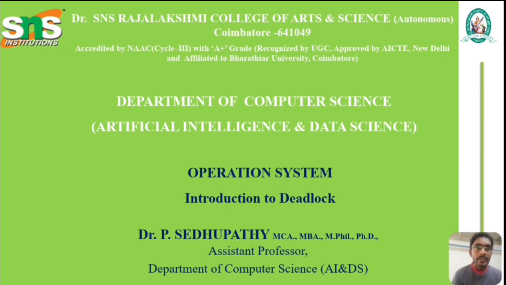So today we are going to discuss deadlocks in OS, which means we are going to discuss an introduction about deadlock, like what is deadlock and when it happens in an operating system.